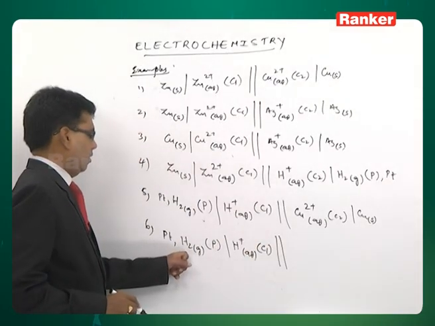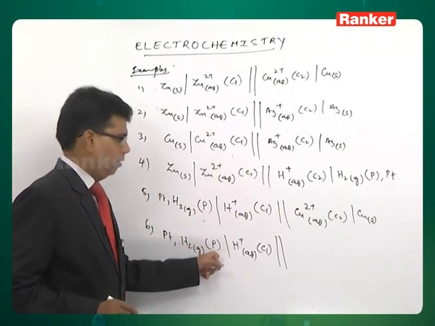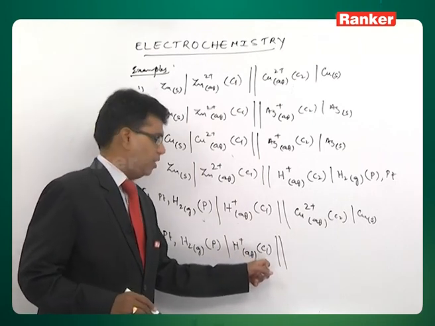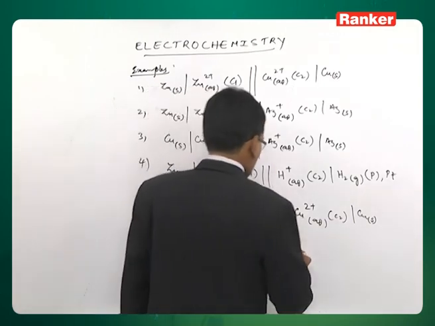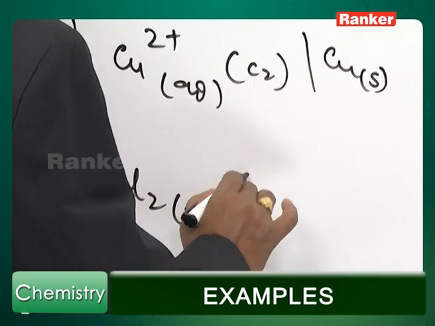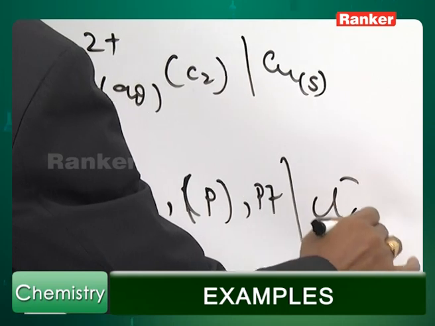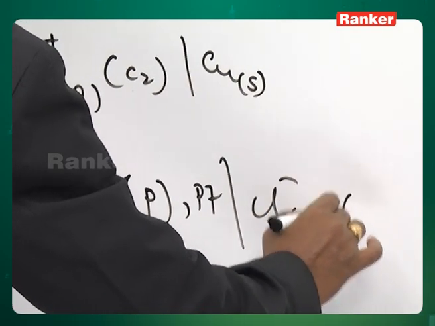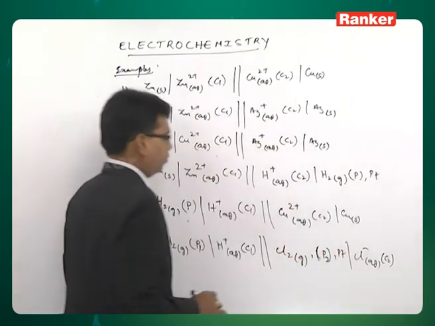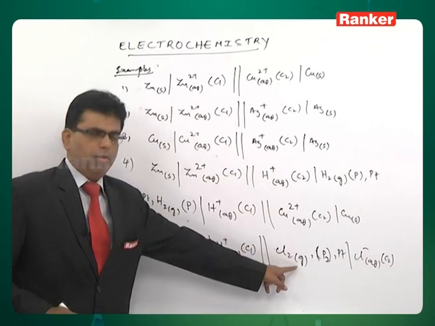Hydrogen gas in contact with platinum taken at a pressure of P with hydrogen ion concentration of the solution as C1 mole per liter, and this is chlorine reduced to chloride. Here pressure is P1, here pressure is P2. Here both of them are gases. So, the cell representation will be like this.